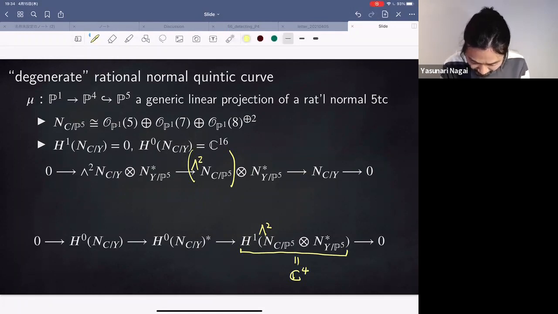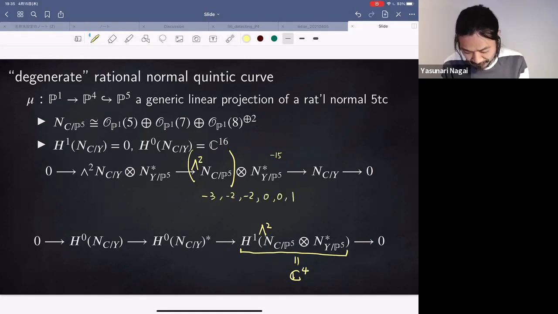So this is minus 15. And so we get the number minus 12. So, minus 3, minus 2, minus 2, 0, 0, 1 or something, if I was not mistaken.